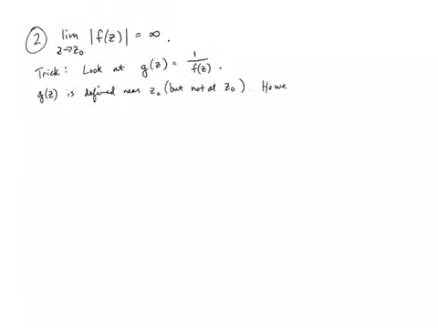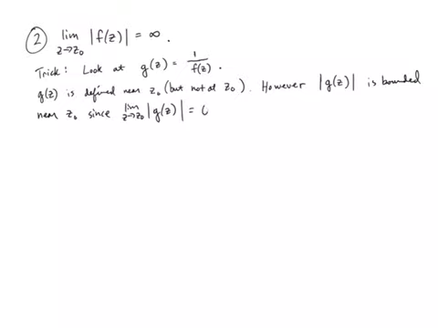However, if we look at the absolute value of g of z, this must be bounded near z naught, since the limit as z goes to z naught of the norm of g of z, that's 1 over the norm of f of z, so that's 1 over infinity, quote unquote, and that's 0.